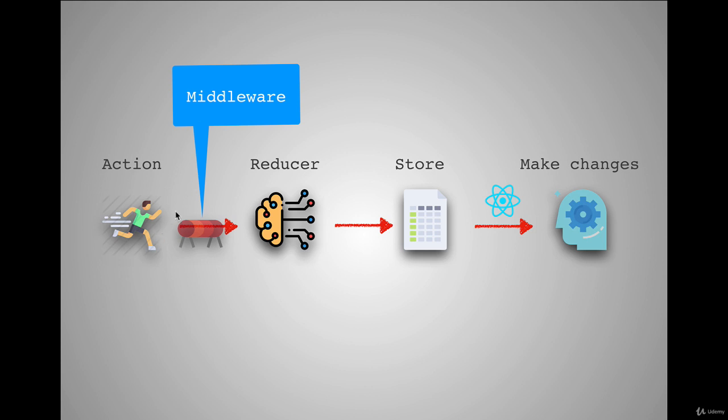In the meantime, the reducer is just going to check the robots and say, there's no robots yet, because in API land, that hasn't returned yet, just like a promise. So the reducer keeps going and doesn't make any changes because the state hasn't changed. So how can we create actions that are asynchronous that still go through the reducer, the store, and then make changes?